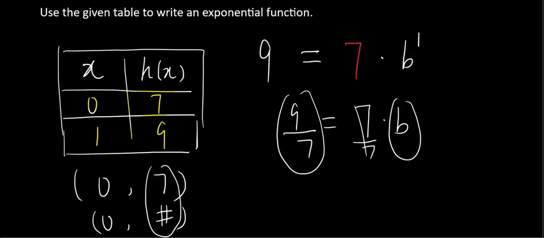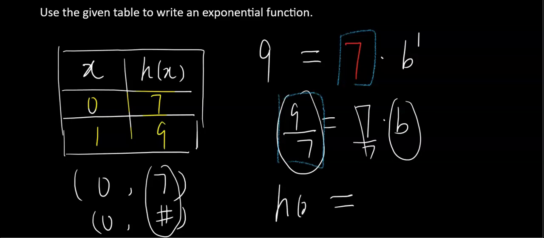We got a, we got b. We can start to write y is, except I don't want to write y, I need to write h of x is 7 times (9 over 7) to the x power.